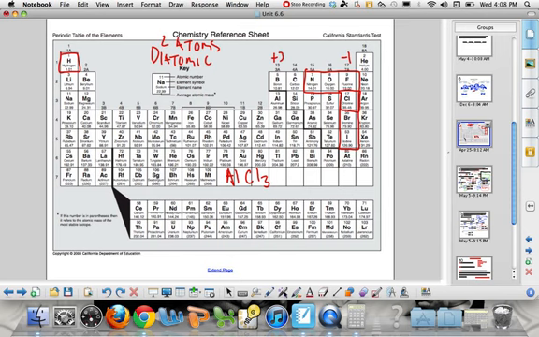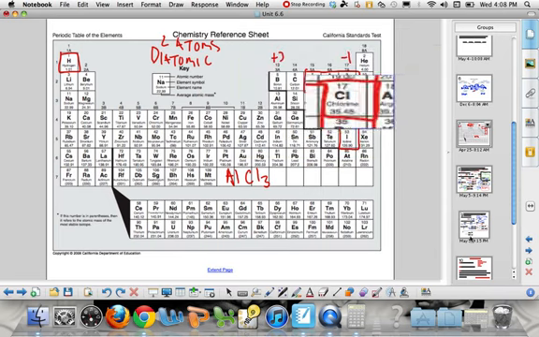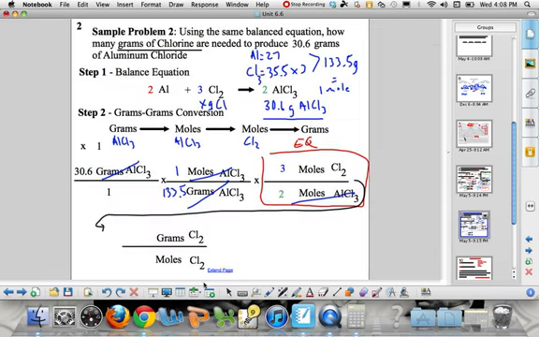Remind ourselves the mass of chlorine. Chlorine has a mass of 35.45, which is really just 35, right? So chlorine has a mass of 35.5, but if I have Cl2, I'm multiplying that by 2 to figure out that 1 mole of chlorine has a mass of 71 grams.